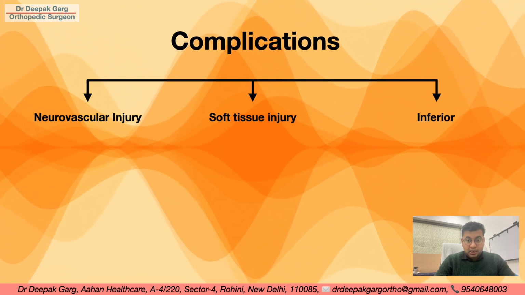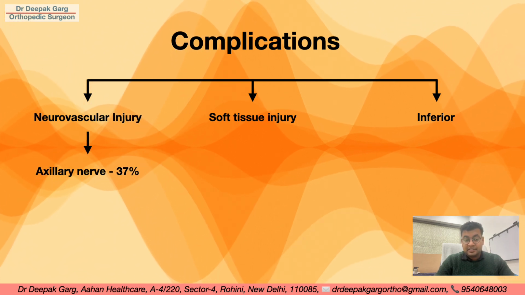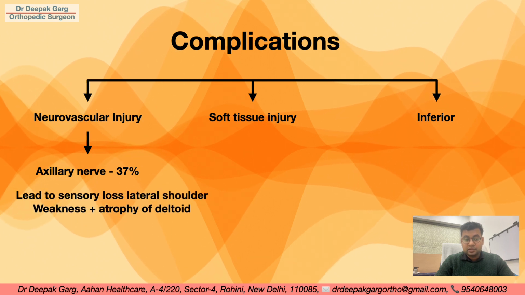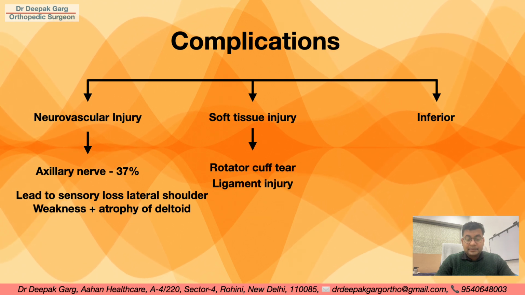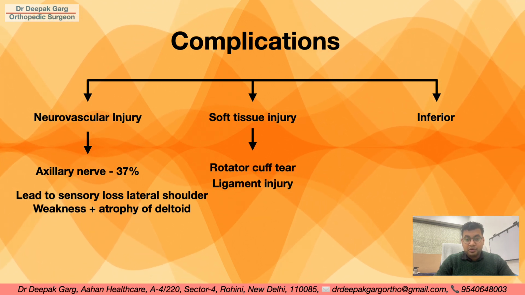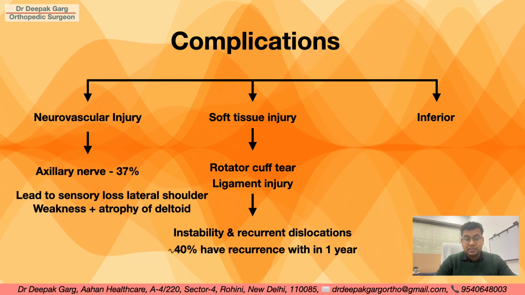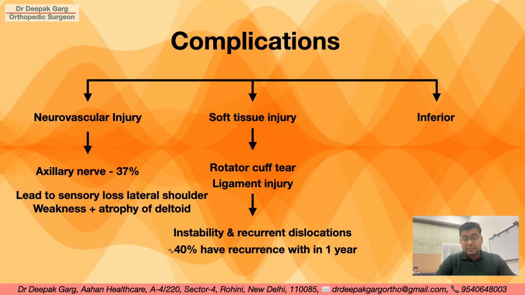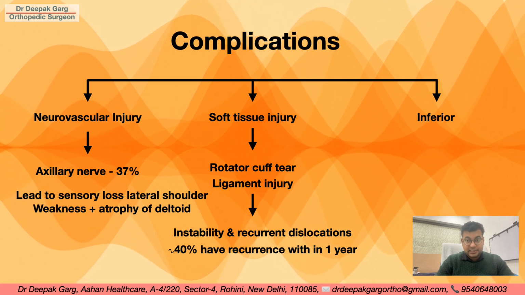In neurovascular injuries, the incidence of axillary nerve injury is approximately 37%. This may lead to sensory loss on the lateral shoulder and weakness or atrophy of the deltoid muscle. Similarly, with soft tissue injuries, he can have rotator cuff tears and ligament injuries, which may ultimately lead to instability and recurrent shoulder dislocations. Approximately 40% of patients will recur within 1 year with these injuries.